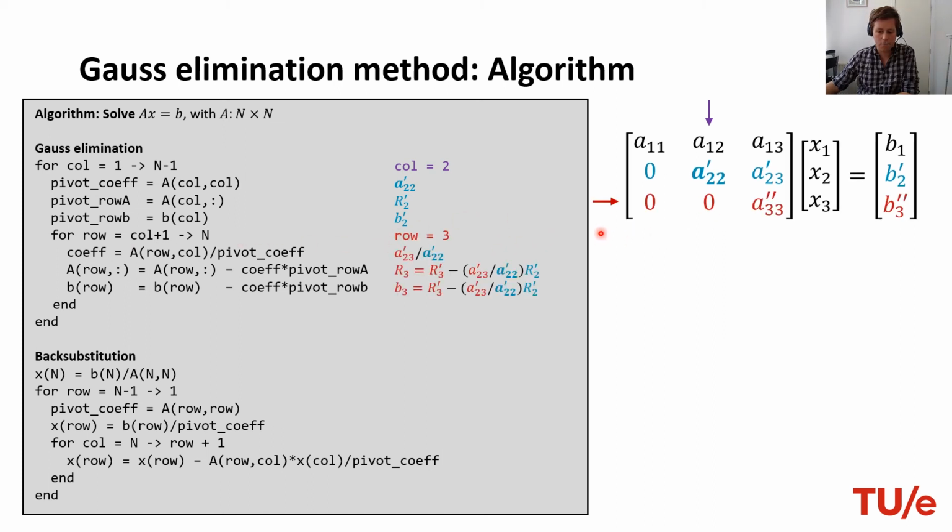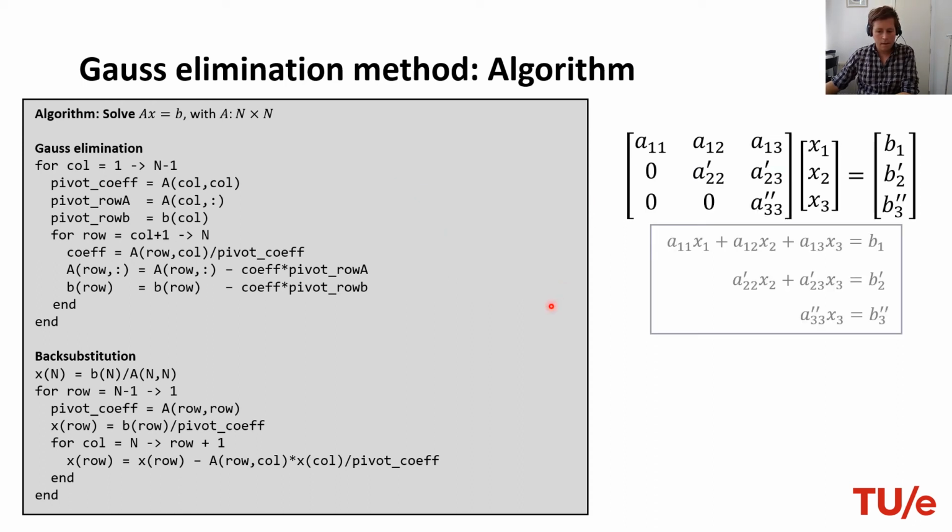And we again compute this coefficient as the ratio between this former element and the pivot coefficient. And from row 3, we subtract then this coefficient multiplied with the current row 2 of the matrix. And we do the same thing for the third element of the right-hand side vector.